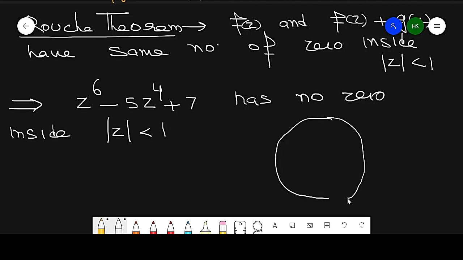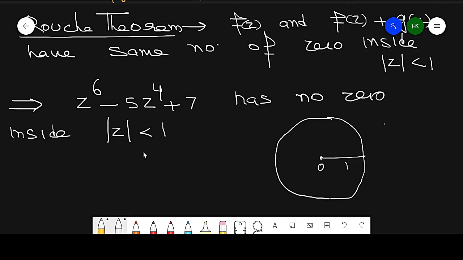We see that this polynomial has 6 roots, but I want to find out how many roots are in the circle of radius 1. It has no root inside it. So by the fundamental theorem of algebra it has 6 roots, but no zero inside the circle of radius 1. So this is an application of Rouche's theorem.